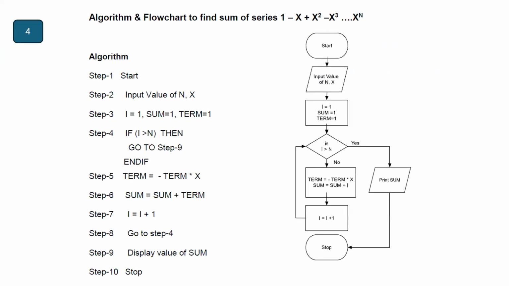So initially, I want to explain this left side to you. I have inputs as n and x. According to this n and x, we will actually print a number as output.